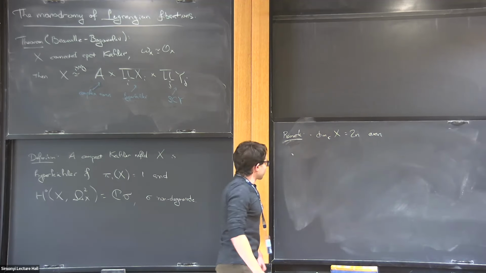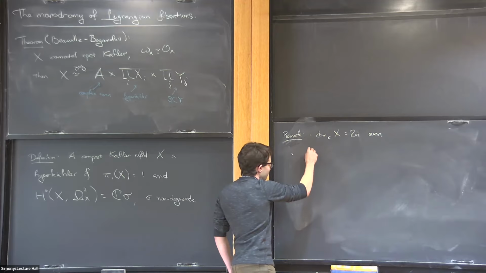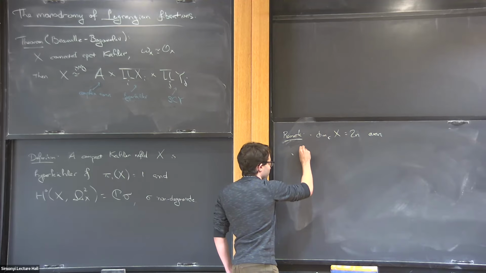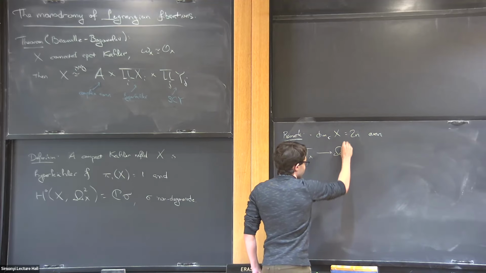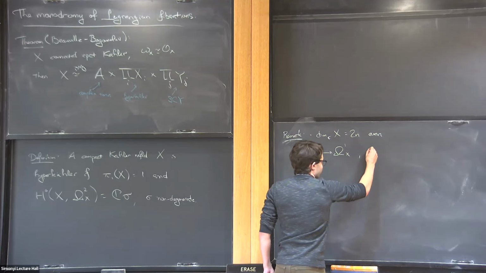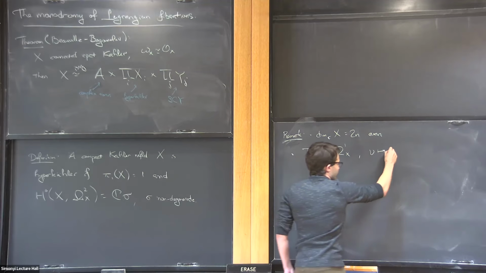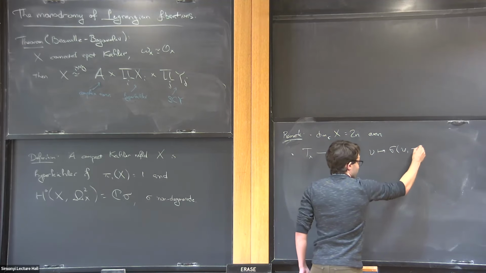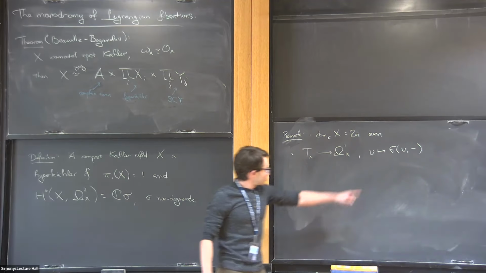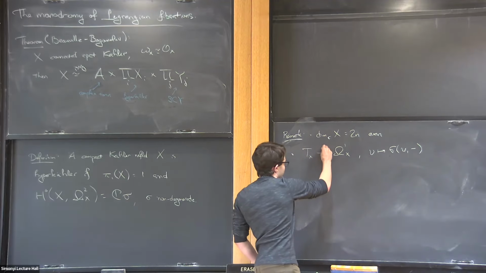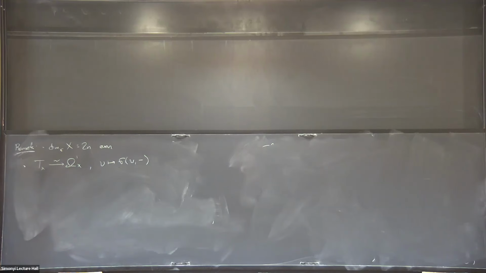More importantly, there is a natural map from the tangent bundle of X to the cotangent bundle of X, where if I have a tangent vector field, I can consider the associated contraction with sigma. And the condition that sigma is non-degenerate is the condition that this is an isomorphism. So in particular, the tangent bundle and cotangent bundle of one of these are always isomorphic.